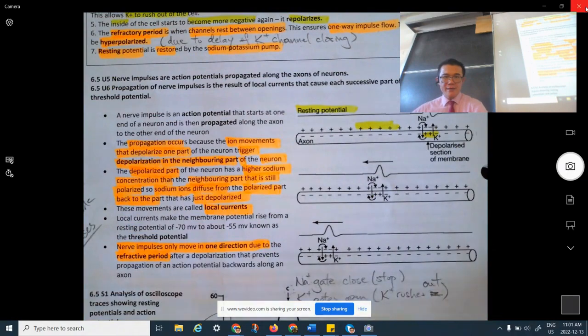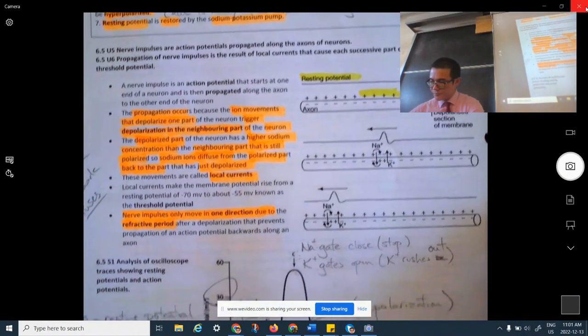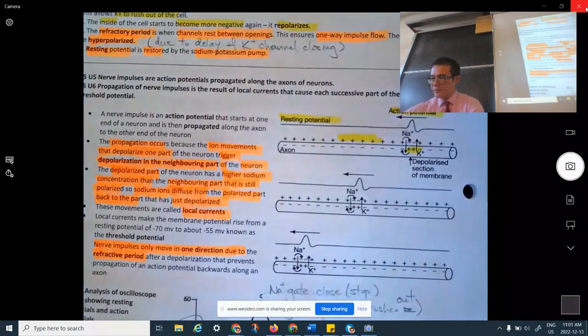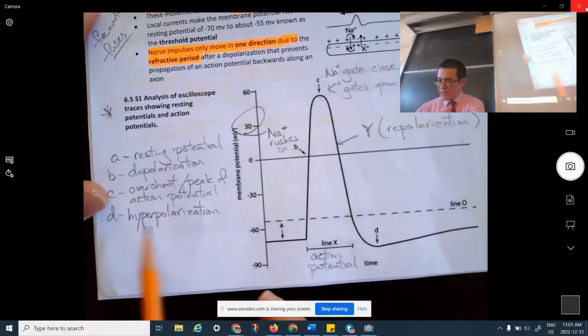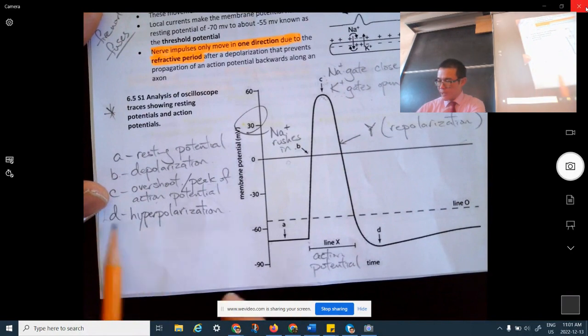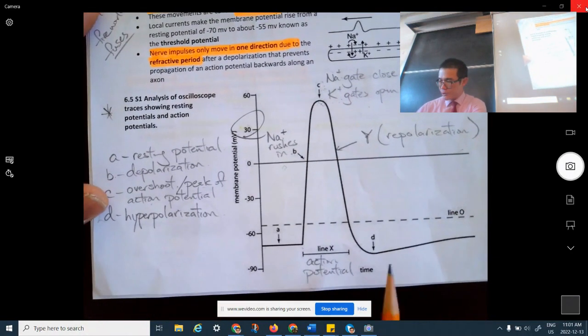So if I look at the graph down here, again, at point D here, that is hyperpolarization. Hyperpolarization.